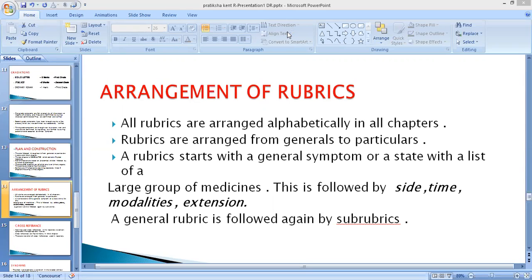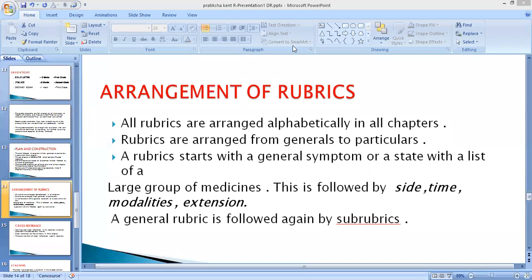A general rubric is followed again by subrubrics. So, what is the general rubric in headache? The section is head, the general rubric is pain, and under this general or main rubric, we found many subrubrics.